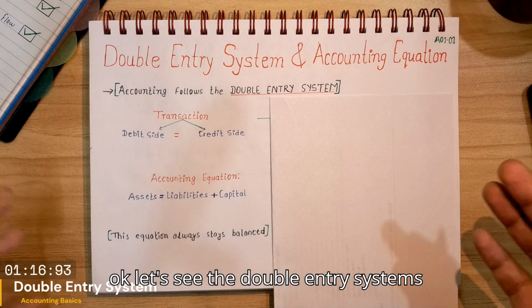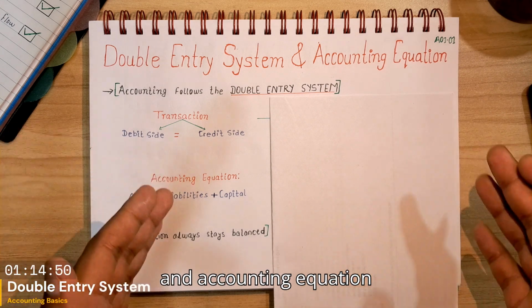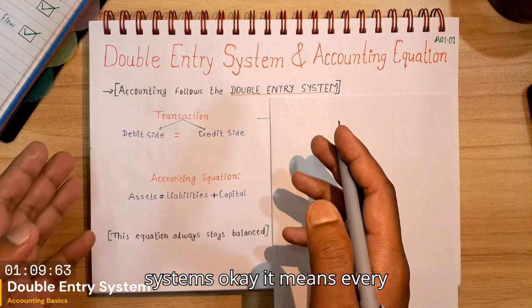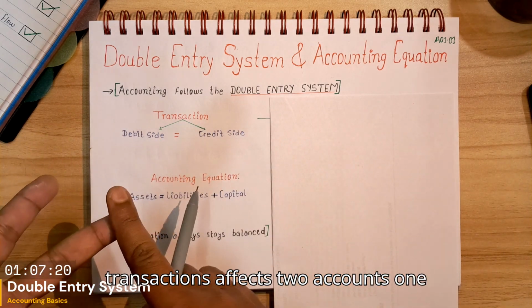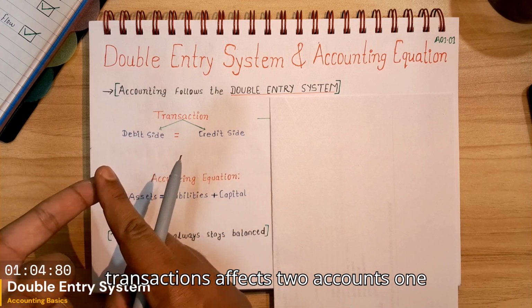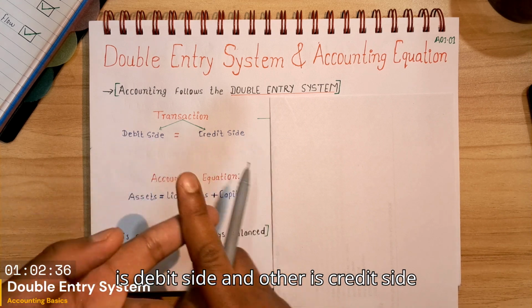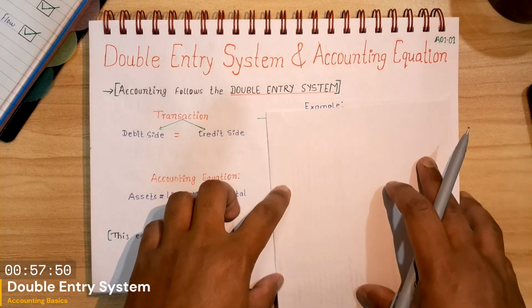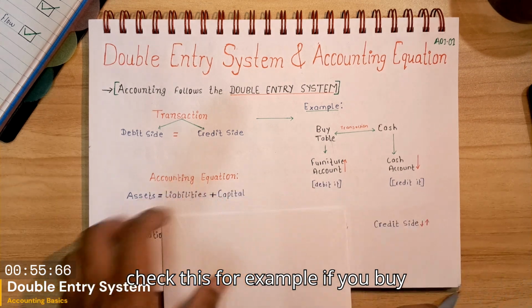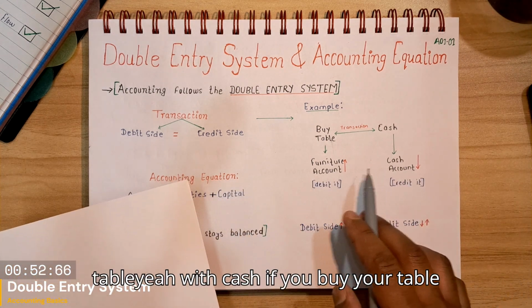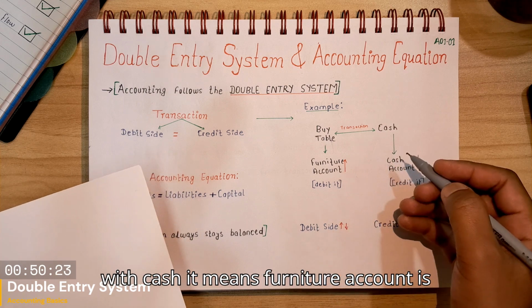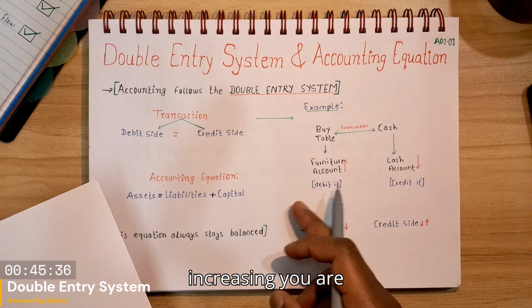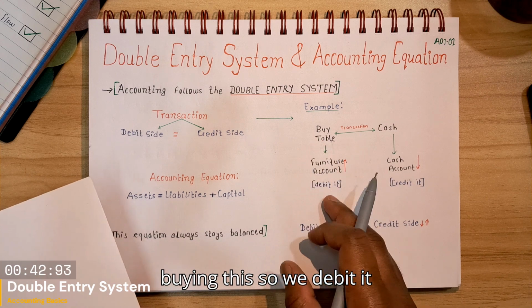Let's see the double entry system and the accounting equation. Accounting follows the double entry system. It means every transaction affects two accounts. One is the debit side and the other is the credit side. For example, if you buy a table with cash, the furniture account is increasing, so we debit it.